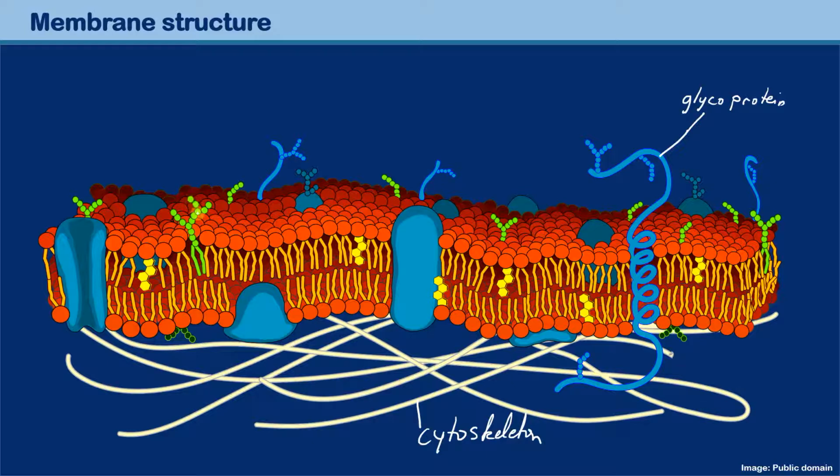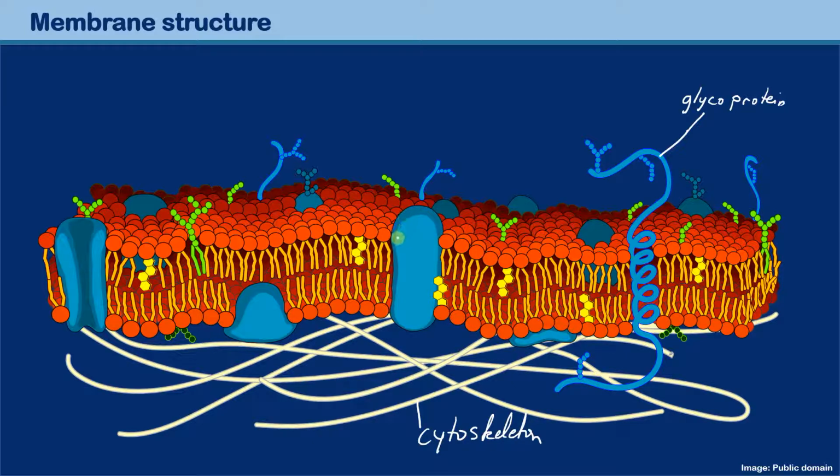You see over here there's also a sugar chain, but this sugar chain is in place of a hydrophilic head of the lipid. Not relevant for us right now, but this is also a carbohydrate chain. So there are several different types of proteins.